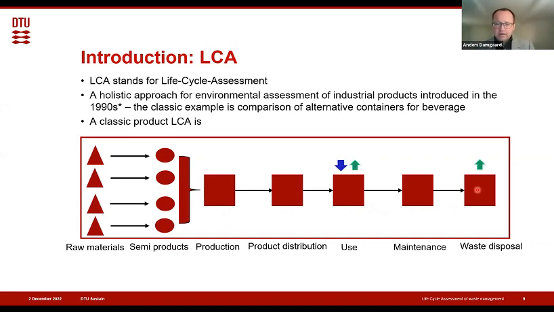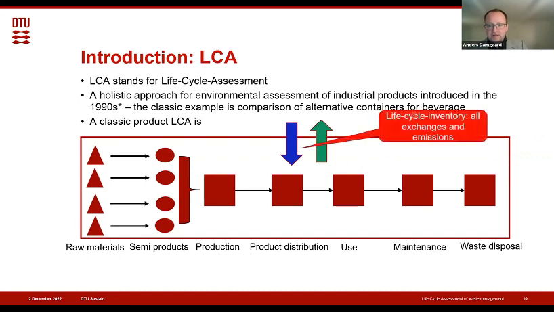And some of the early LCAs, back when I was a graduate student, ended in solid waste, and it would be X kilo of solid waste to landfill, or X kilo of hazardous waste to landfill, or X kilo of waste to incineration. And that was sort of our knowledge about what is the impact of this. The main focus was more about what are the exchanges and emissions from this whole view you see here, meaning what is going in and what is going out.